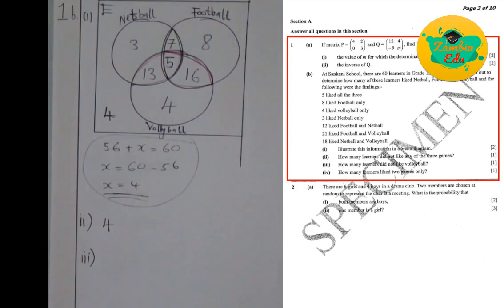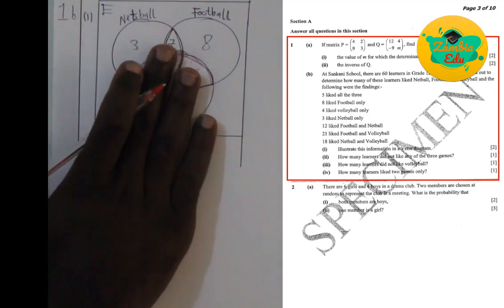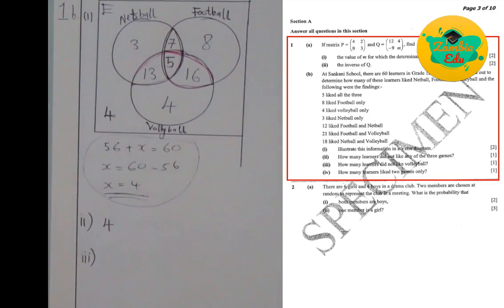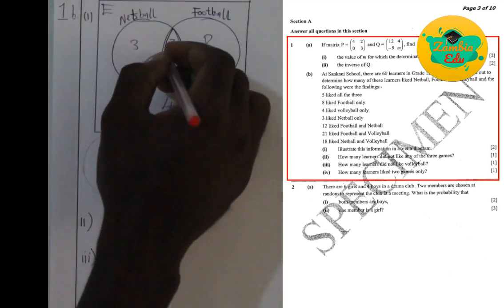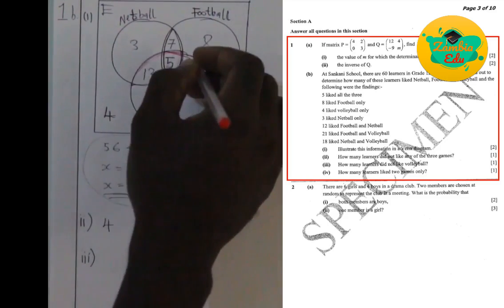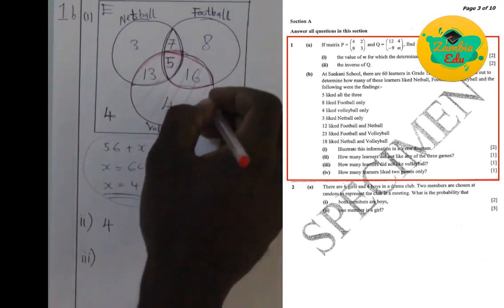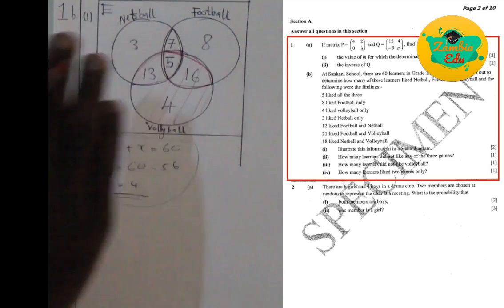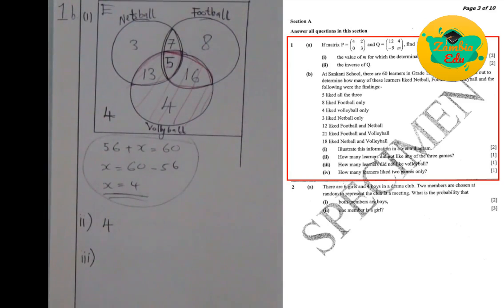So for us to answer that question, we are going to ignore all the values of volleyball. It's like we are taking away this, we are cutting it out. So let's ignore the values of volleyball and let's now consider whatsoever is left. How many learners did not like volleyball?